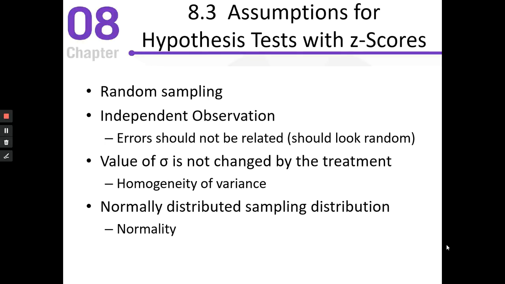Independent observations. What does that mean? Well, statistically, we say that error should not be related. So what does this mean? It's a little bit confusing, and I would bet you many people who are actually teaching statistics don't really understand this. But really, you have to think about methodology.